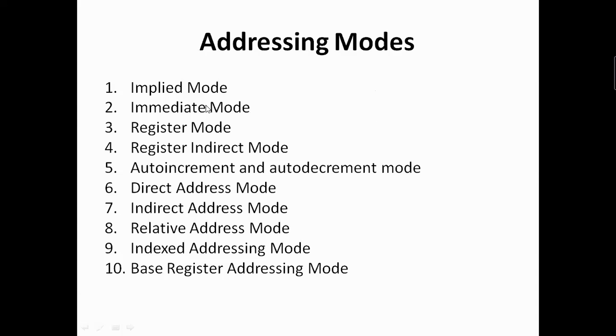For example, the addressing mode can be implied mode. Implied mode means that there will be no address after that opcode. The opcode will have no address. For example, we have an instruction complement accumulator. We write complement.